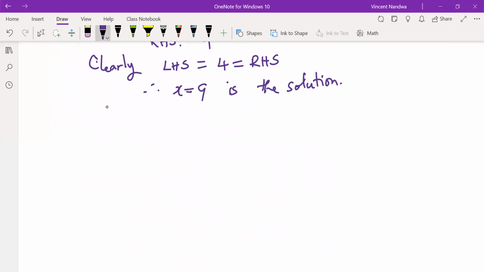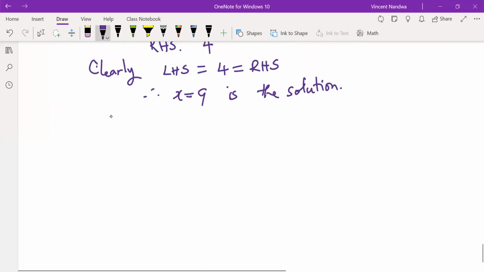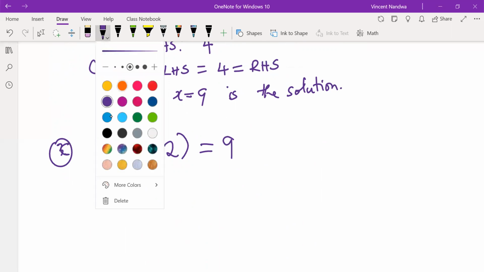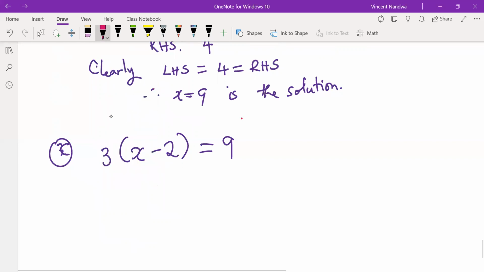Next problem is three into x minus 2 is equals to 9. This is C. So the first thing, you open the brackets.